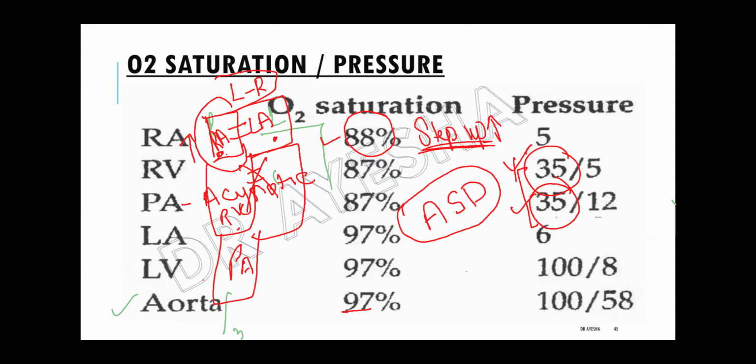So this rise in pressure tells me that the blood in the right side is more. Conditions associated with more blood in the right side, and remember the problem starts at the level of the right atrium, so probably this is the ASD. Now I'm dealing with the ASD. Is that clear to everyone?